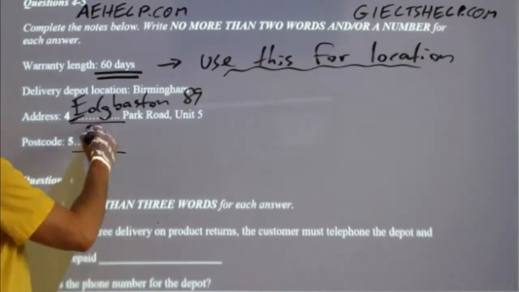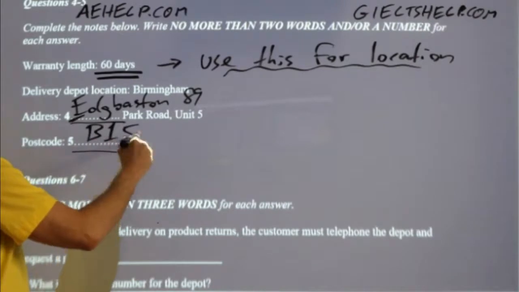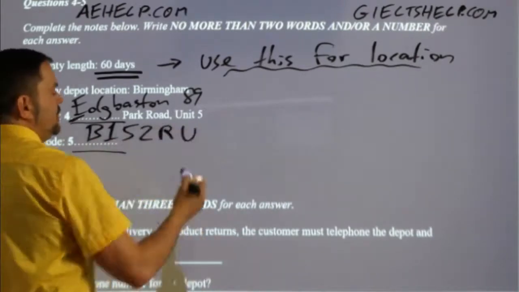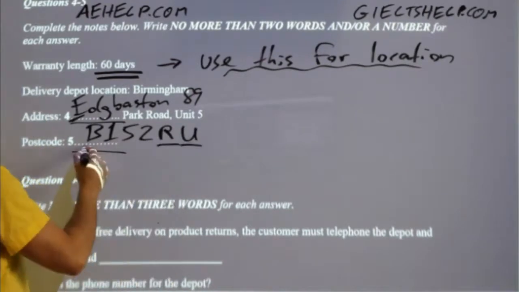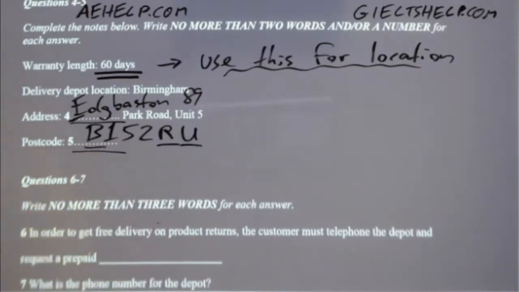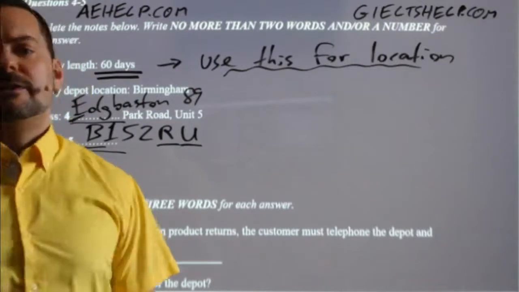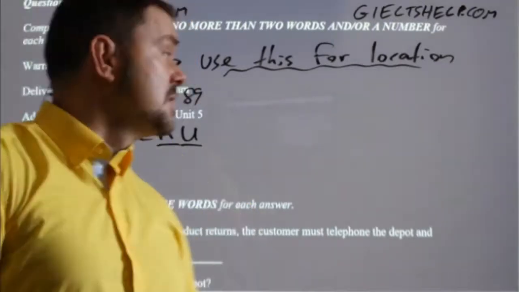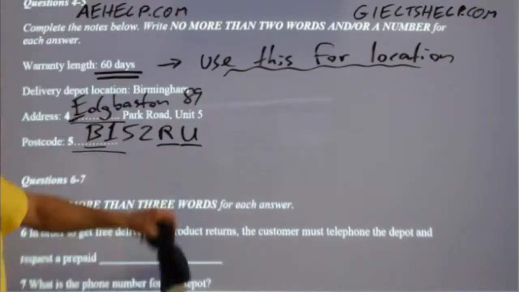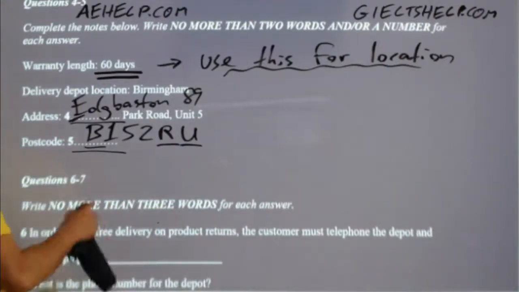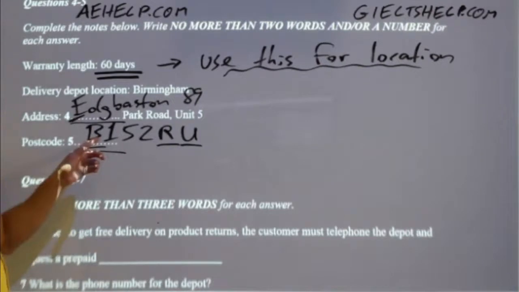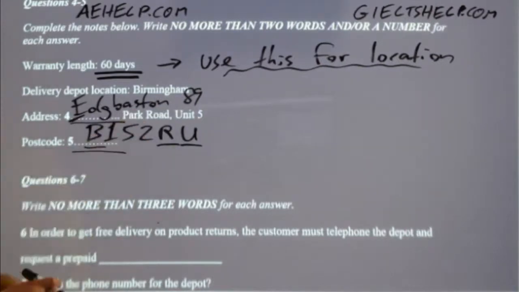B152RU. I recommend using capital letters for postal codes or other kinds of numbers that you get in letters. It's just more clear. Okay, it's clearer to have all capital letters. So use capital letters. Okay, so Edge Bastion 89, B152RU.